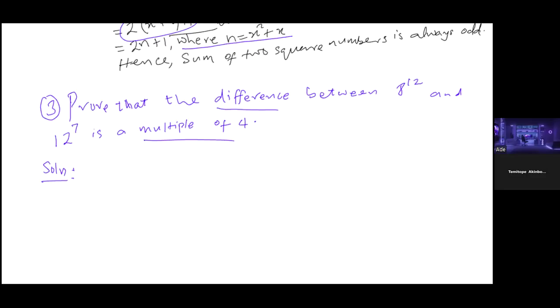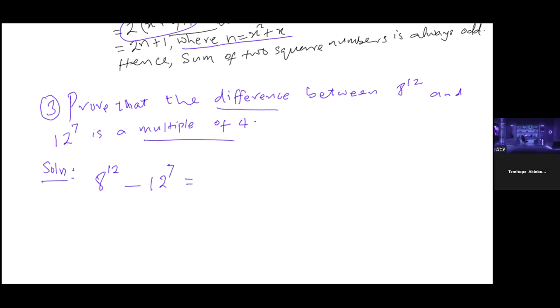Okay. So since we are trying to show that it is a multiple, I can say that 8 raised to the power of 12 minus, I'm using the keyword difference now, 12 raised to the power of 7. Now, in this context, I will apply my knowledge of indices.